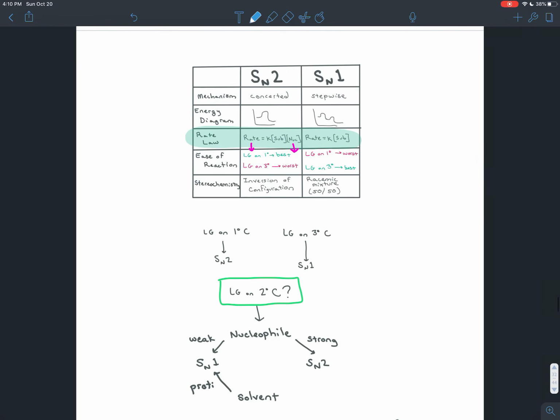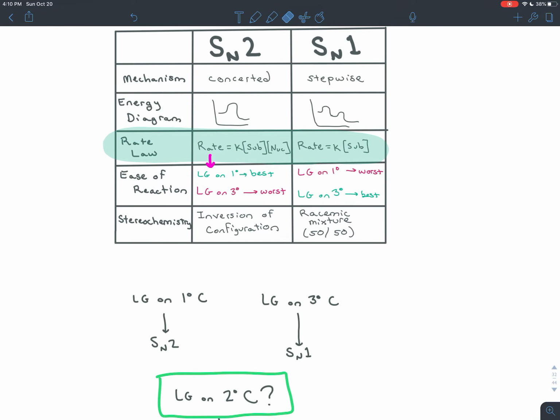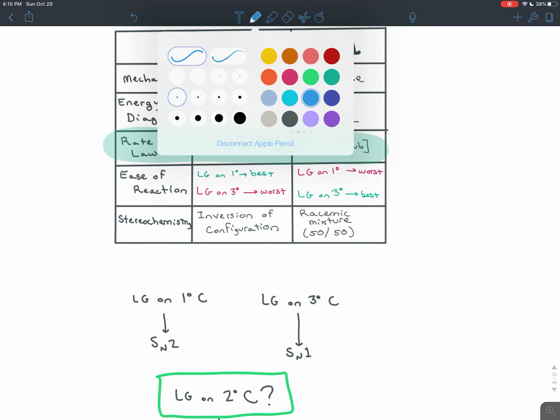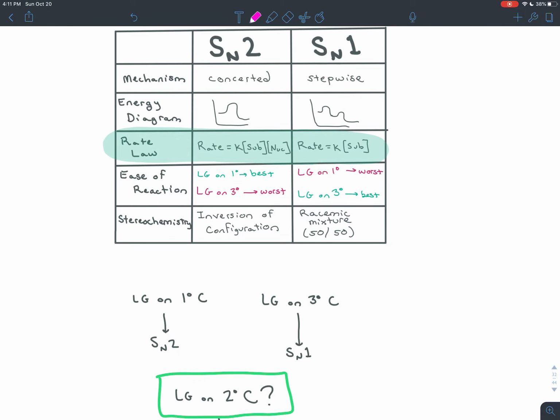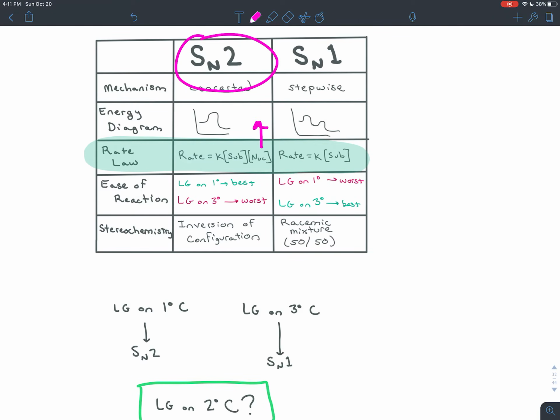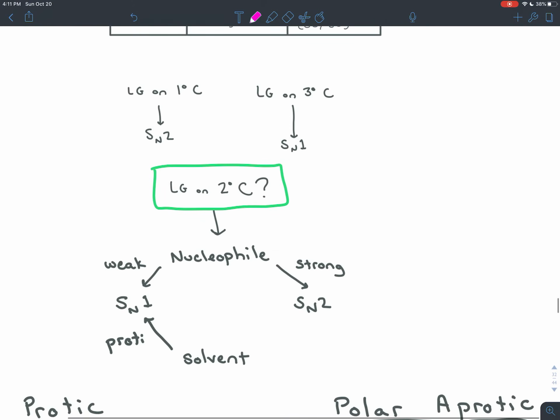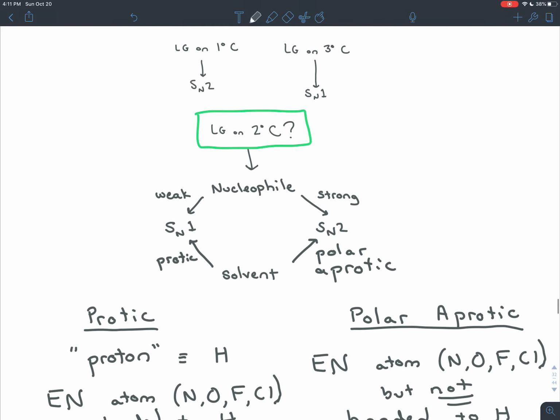And because of that, because they let the nucleophile be strong, they allow a strong nucleophile to increase the rate of the SN2 reaction, and they favor the SN2 reaction. So, polar aprotic solvents favor SN2 reactions.